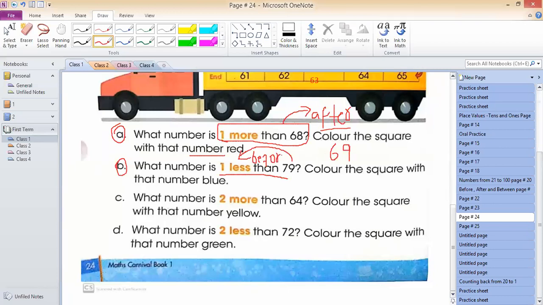What number is before 79? You have to find out what number is 1 less than 79. So just with the help of number track or with the help of counting, just check what number comes before 79. Yes, guys, what comes before 79?